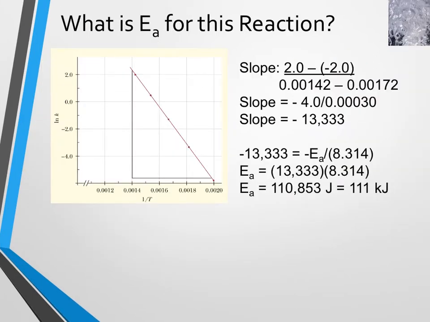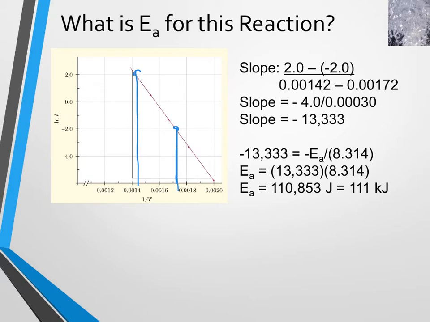So here we go. If we pick 2 and minus 2, and drop those points down to see what x-axis value corresponds to it, 1 over T.